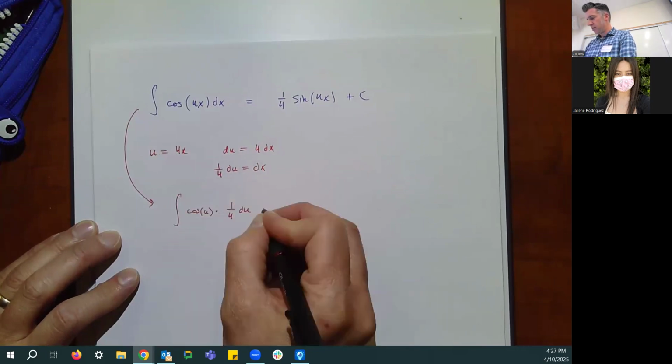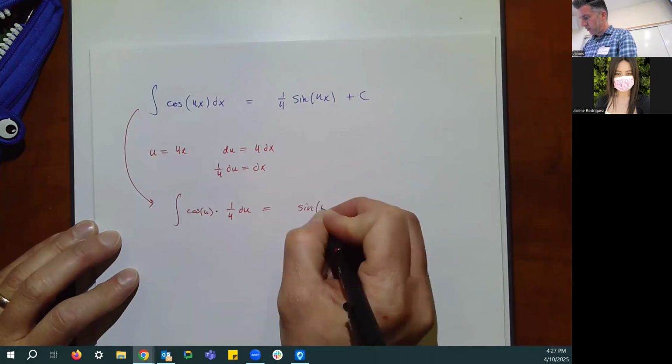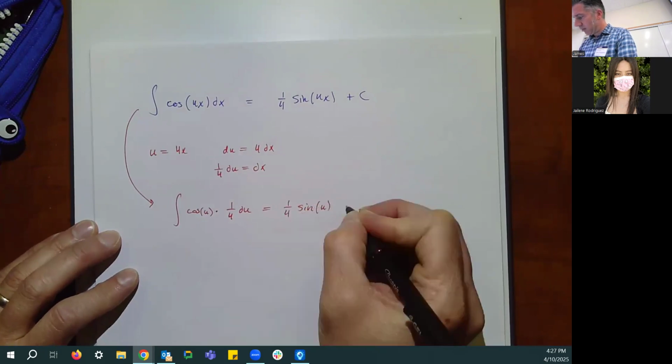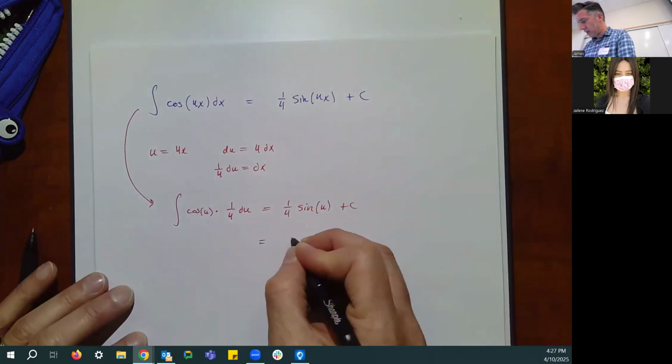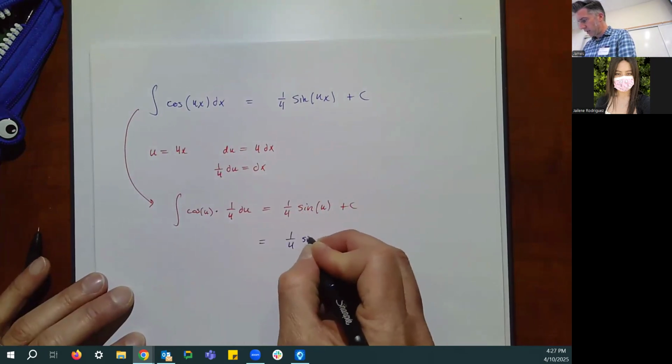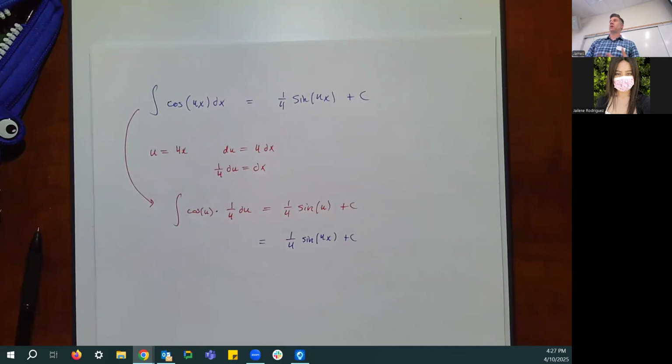We integrate. The antiderivative of cosine of u is sine of u. The multiple of 1/4 hangs out, plus c, and then we plug back in what u is equal to, and no surprises, we get 1/4 sine of 4x plus c. So that's why that was working the way it was way back when.